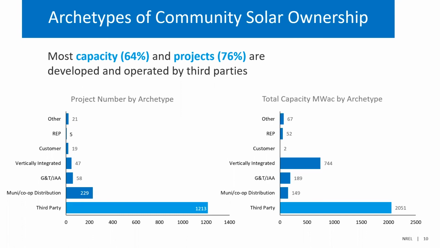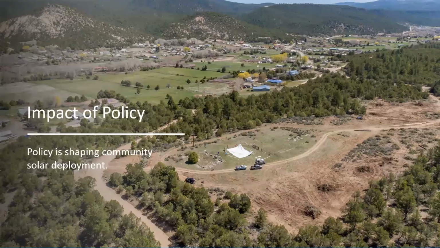So the impact of policy is huge, and policy shapes many aspects of our lives. And now it is also shaping the deployment of community solar. And I believe it's shaping community solar for the better, especially this act, which is also recognizing tribal sovereignty.